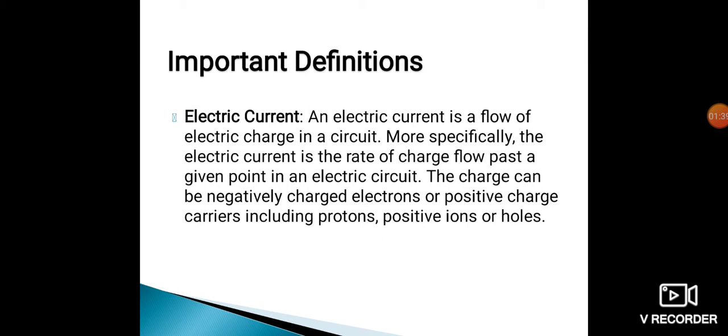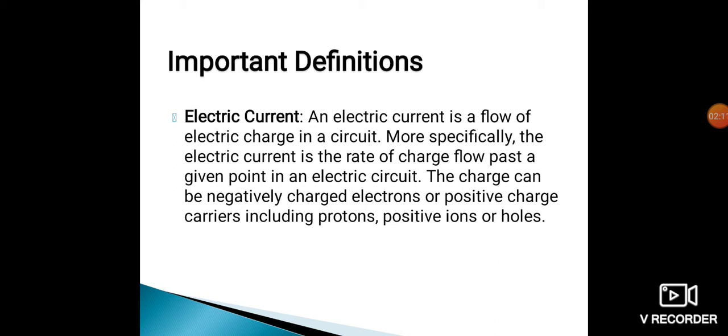So the first and most important definition is electric current. An electric current is a flow of electric charge in a circuit. So the definition of electric current is that it is a flow of charge. Which type of charge? Electric charge. So we have to specify the type of charge.